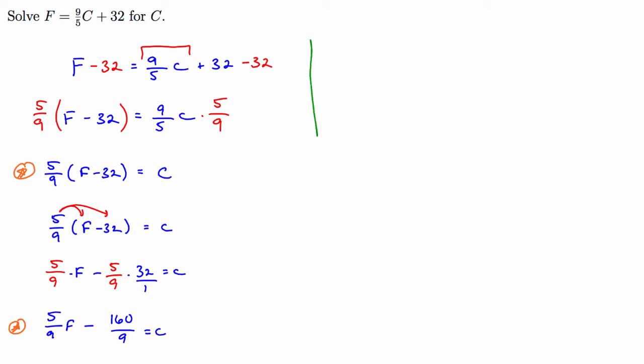It's also important to point out there was another option we could have used from the beginning of this problem. Our initial equation was F equals 9/5 C plus 32. Perhaps you noticed in the beginning we had a fraction that had a denominator of 5. We could have started all of our work by multiplying everything on both sides of the equation by 5 to clear out the fractions. 5 times F on the left side is 5F.